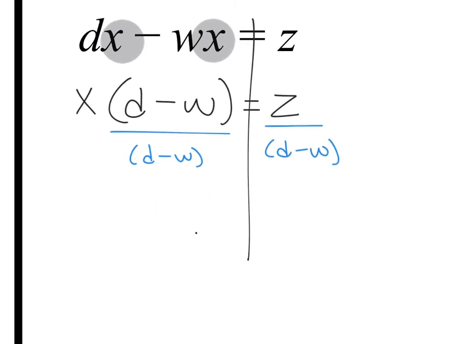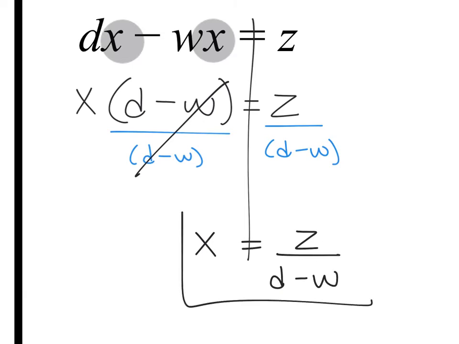We write our final answer as this. X is now alone because these canceled out. It's z divided by d minus w. So if you see 2 of the same variable, like you saw 2 x's, you had distribution, you have to undistribute when you see that.